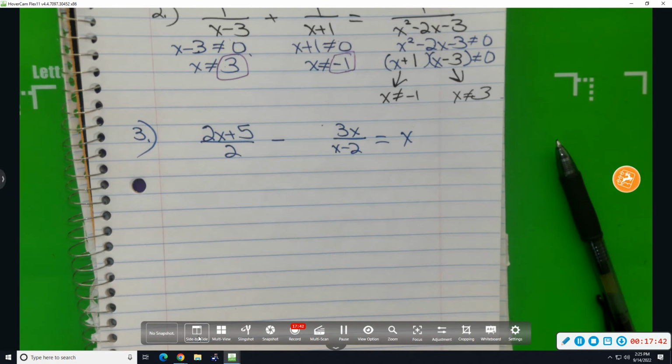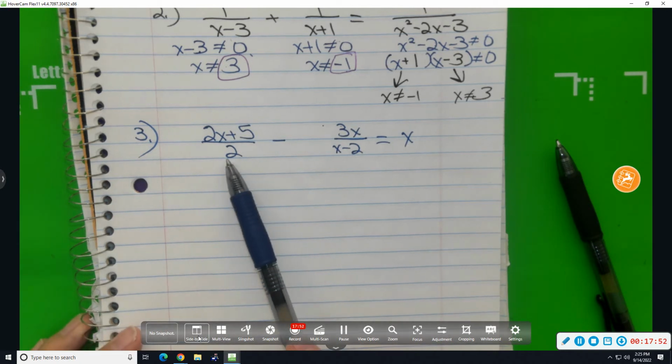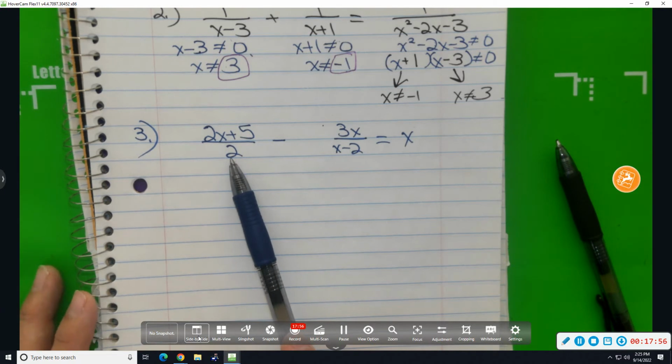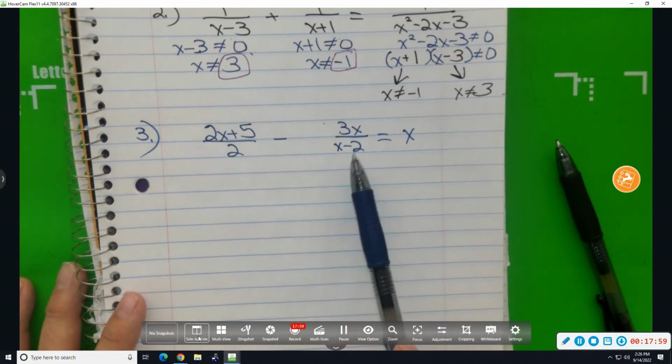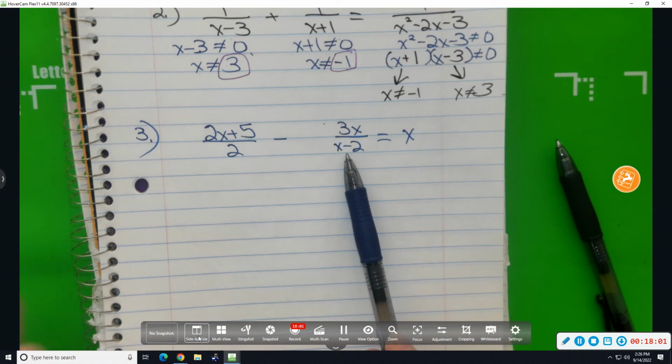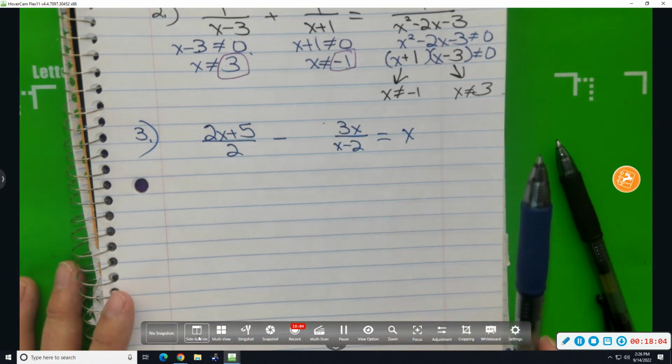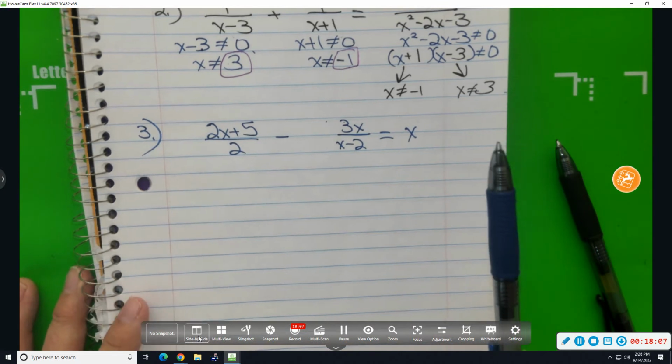We'll do this example, and then I'll write out a general procedure that I use. I look at the two denominators that are appearing. 2, that's just a number. You can't factor that. That just stays 2. X minus 2. Can that be factored? Think about when we were factoring stuff, what had to appear?